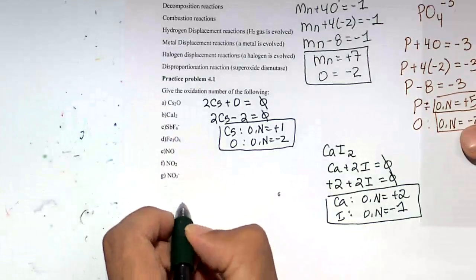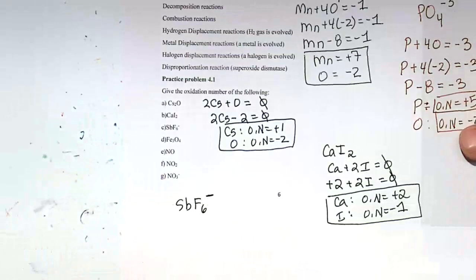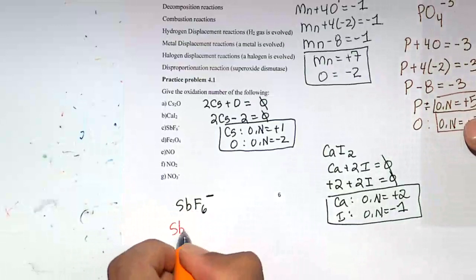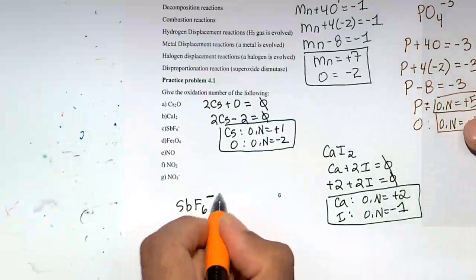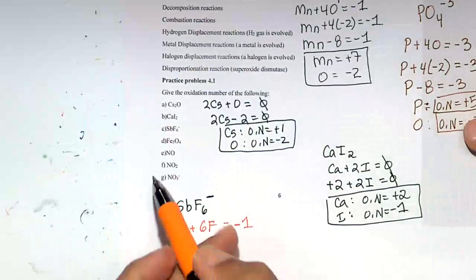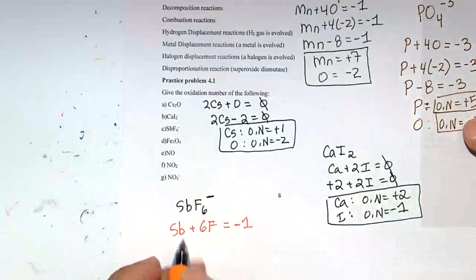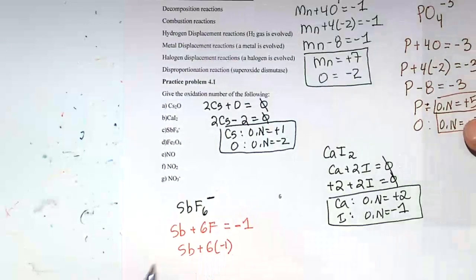All right, SbF6 minus. SbF6 minus. So Sb plus 6F is equal to what charge? Okay, here it's negative 1 because the overall charge is negative 1. So fluorine is going to be minus 1 always.